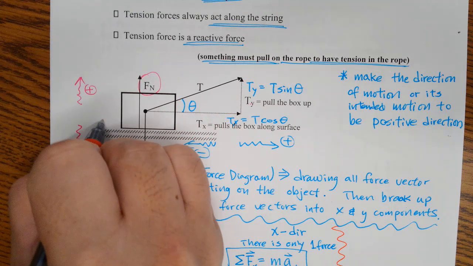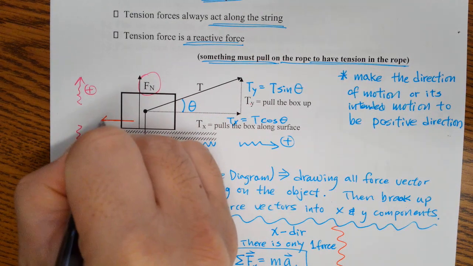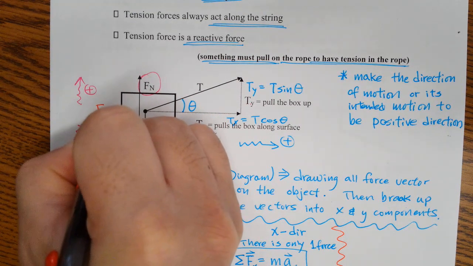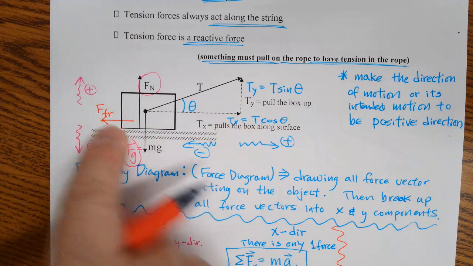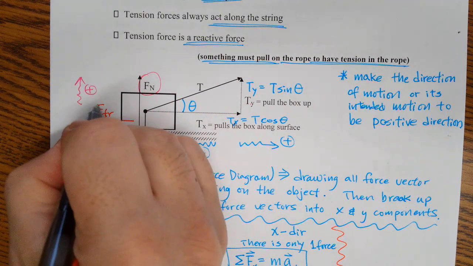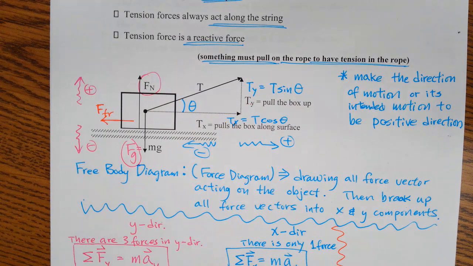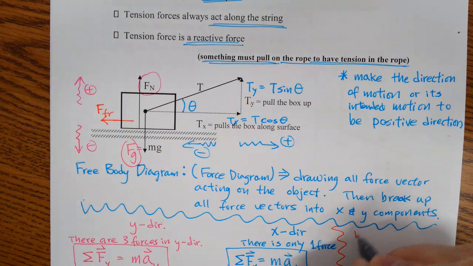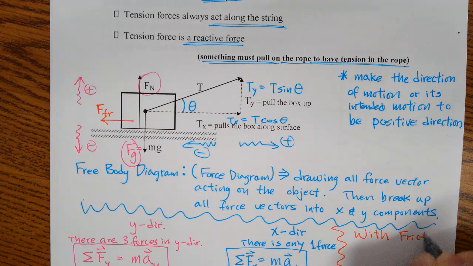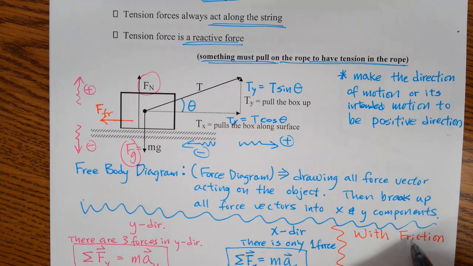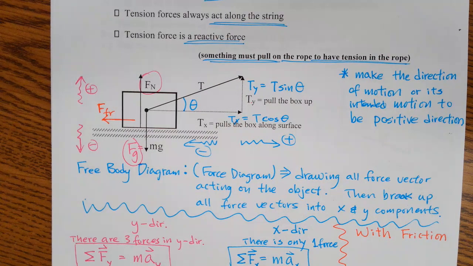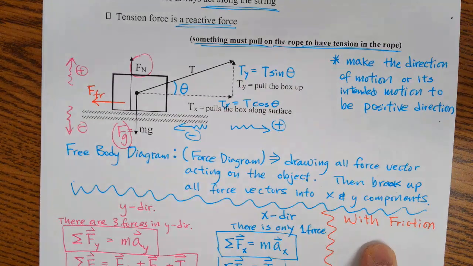So friction would point to the left this way, and that direction looks like it's negative direction. Okay? So this is with friction now. This is with friction. This is without friction, all this right here. But this is with friction.